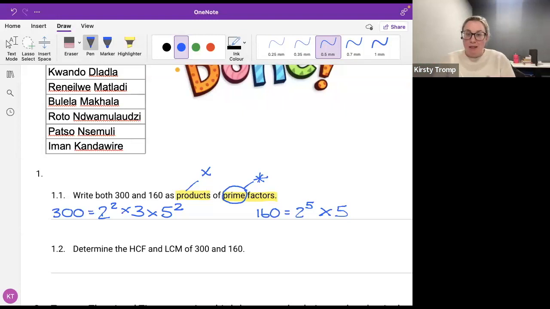Now, in an exam, this is what will happen. It'll have a question where it asks you to find a product of the prime factors, and then the next question will often ask you to find the HCF and the LCM.